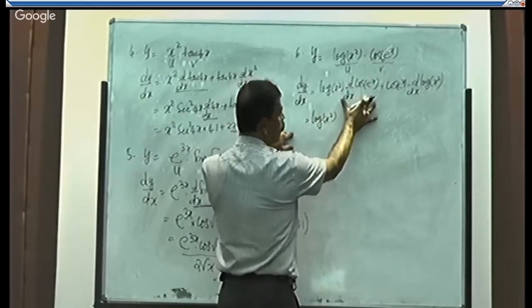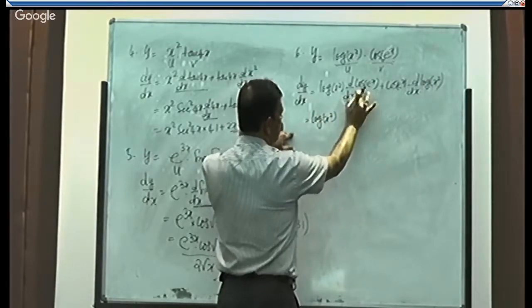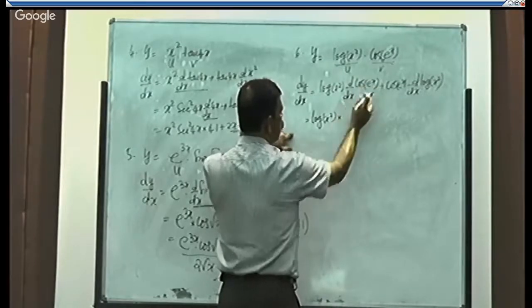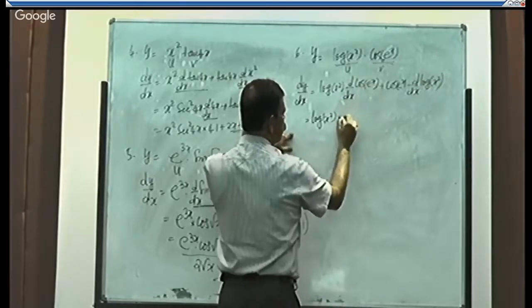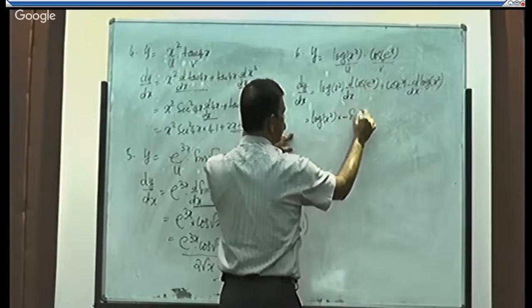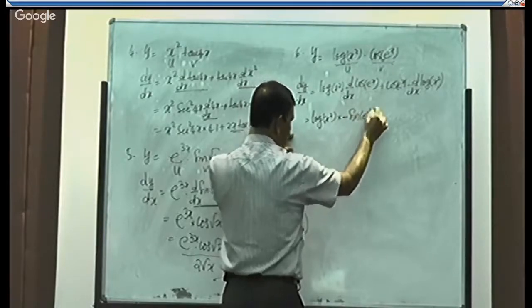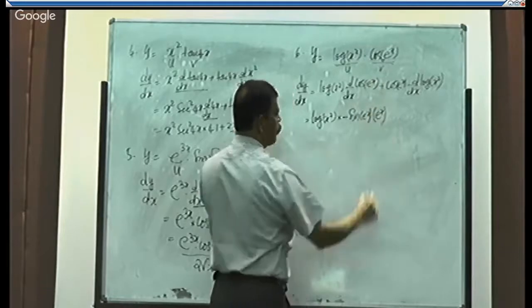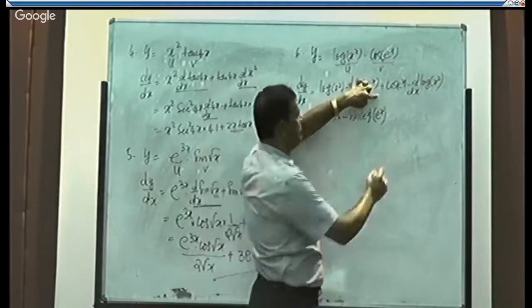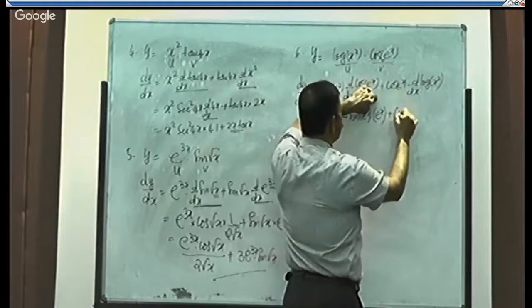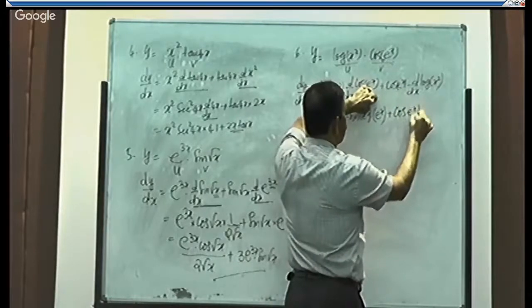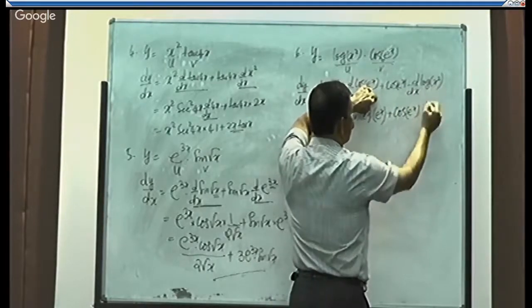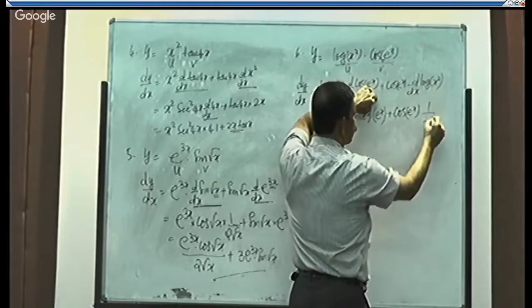Differentiation of v. What is v? Cos of a function. Differentiation of the cos function is minus sine function into differentiation of the function. Differentiation of the function is e power x. Plus, keep this as it is, cos of e power x, into differentiation of the log function. It is 1 by function.